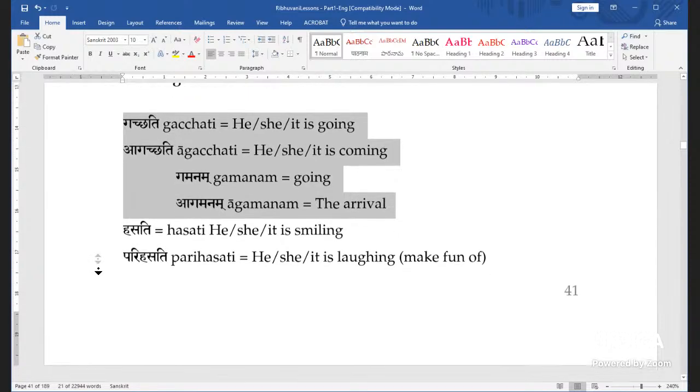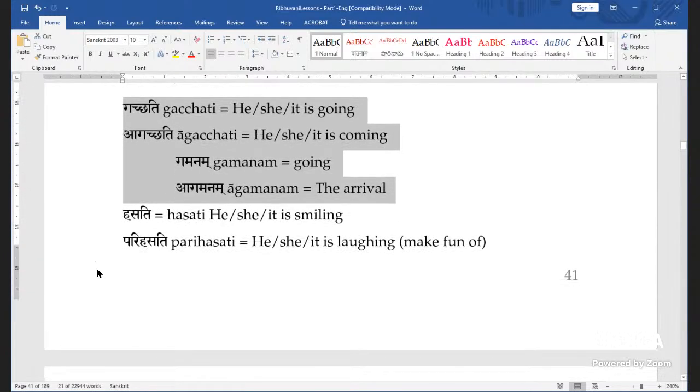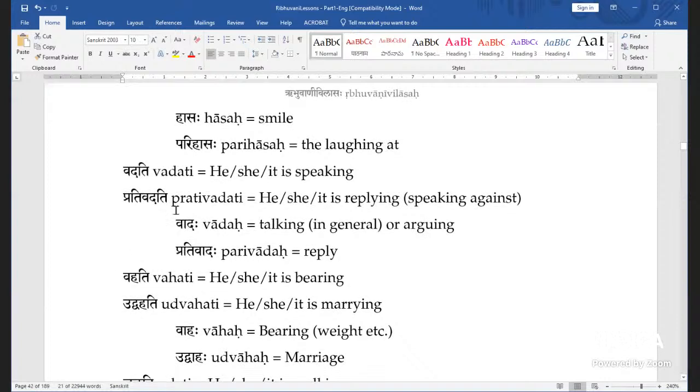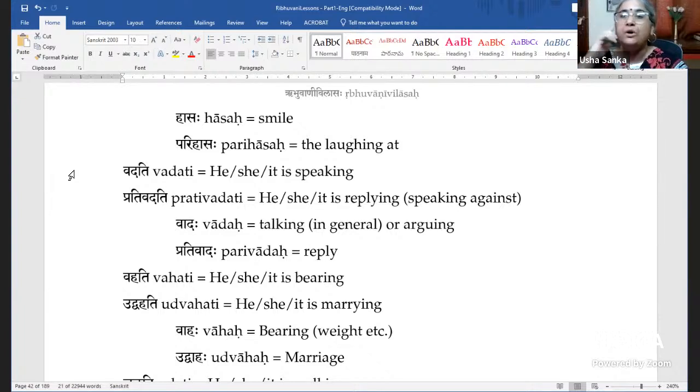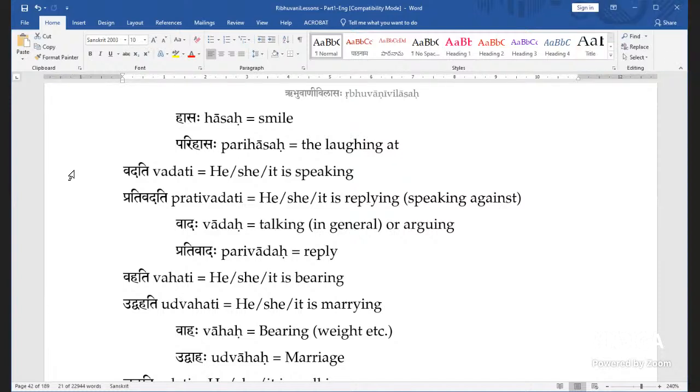Parihasati: he, she, it is laughing, making fun of. Hasaha: smile. Should it be hasaha or hasah? Let it be hasaha only, because I made this out of words we already know. We know hasaha, right? Hasaha, smile. Parihasaha: the laughing at. Vadati: he, she, it is speaking. Parivadati: he, she, it is replying or speaking again.